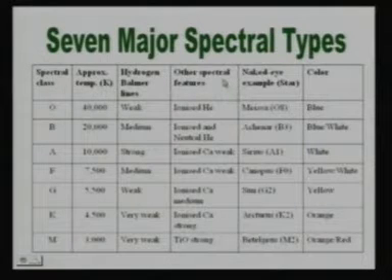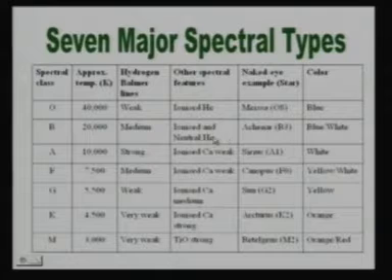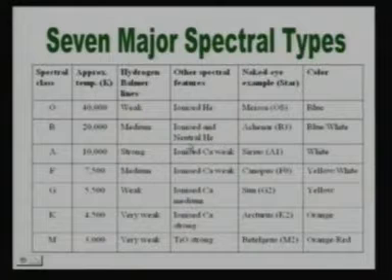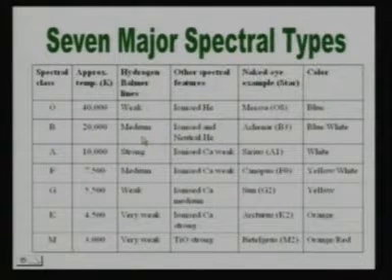And in addition, it also shows weak hydrogen lines. We shall see the reason a little later, but at the moment, let us understand what is there in these spectra. B class has ionized and neutral helium lines as prominent lines, and the other lines, for example hydrogen lines, are now slightly stronger than in O class.